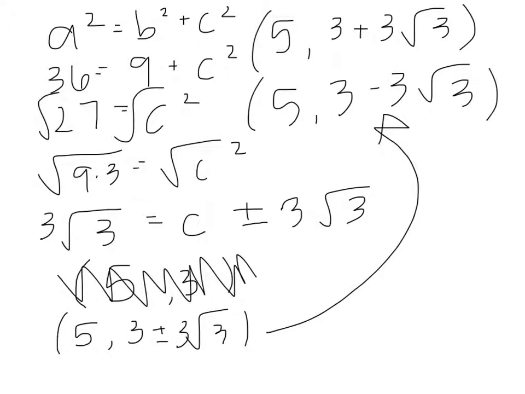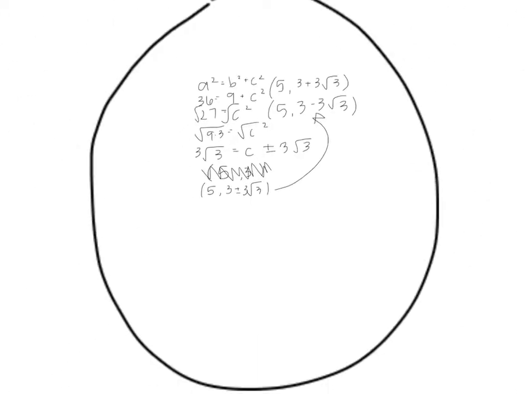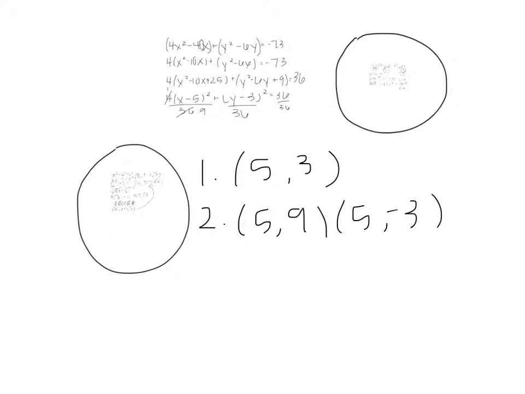All right, now I'm going to clear this up a little bit because I have my work kind of everywhere. So number 1 asked our center, which is 5, 3. 2 asked us for our major vertices, which are 5, 9, and 5, negative 3. 3 asked us for our minor vertices. Whoops, 3 did not ask us that. I was solving for the foci. Sorry, we're going to put this over here.